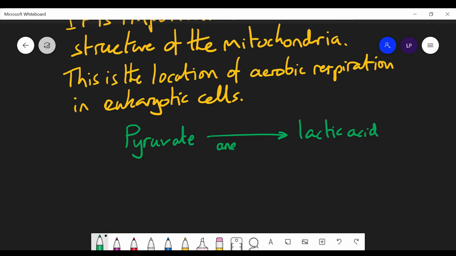The amount of ATP that we produce in anaerobic is just 2, and the ATP within aerobic is 36. So it's vital to understand how aerobic respiration works.